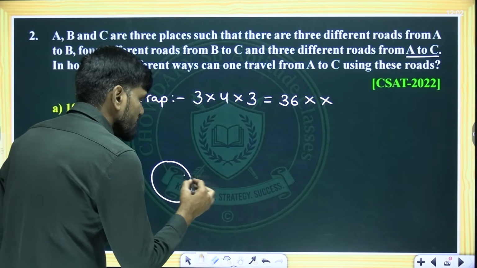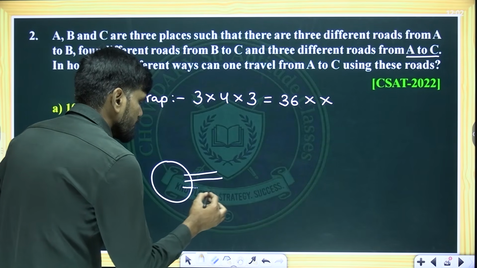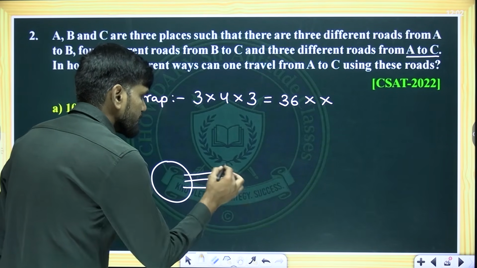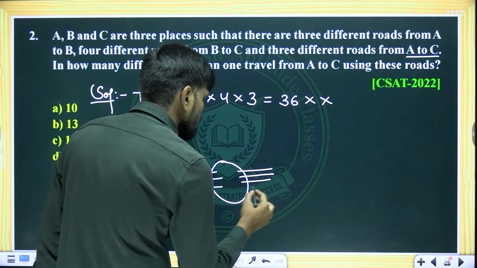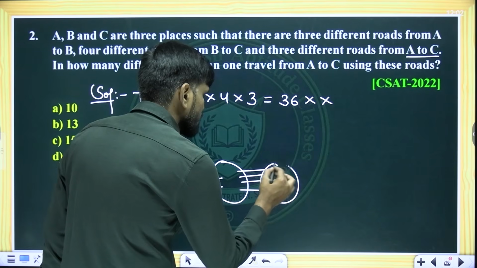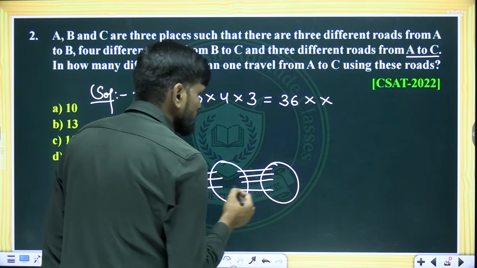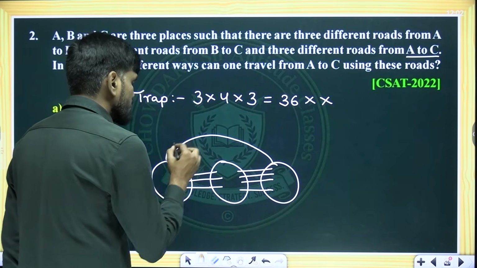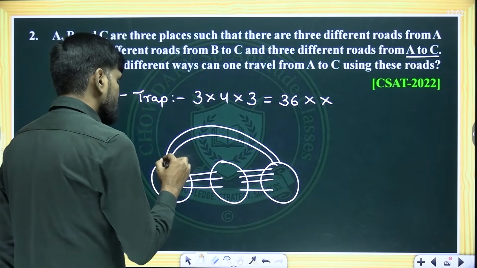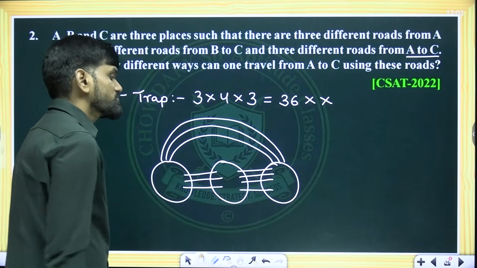3 different roads are there from A to B. From B to C, there are 4 different roads. And there are 3 different roads directly from A to C. From A to C directly, there are 3 different roads.